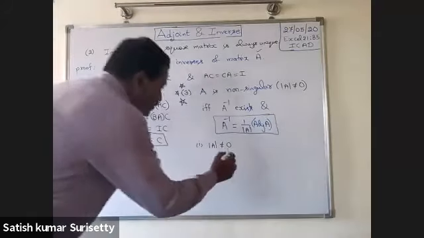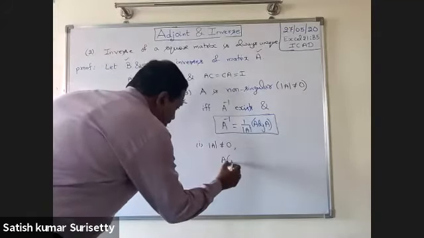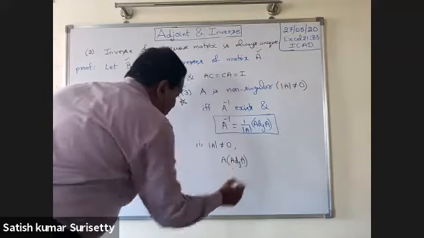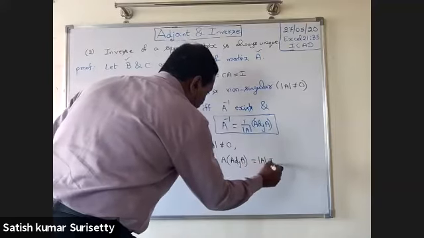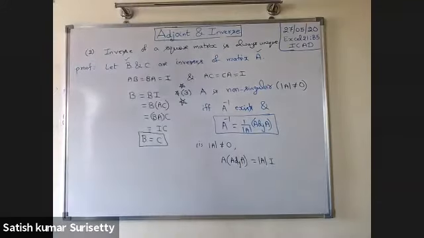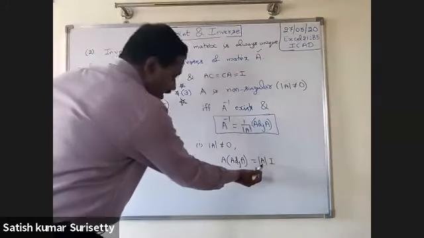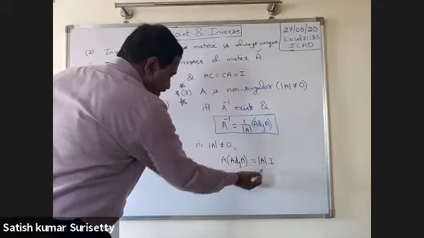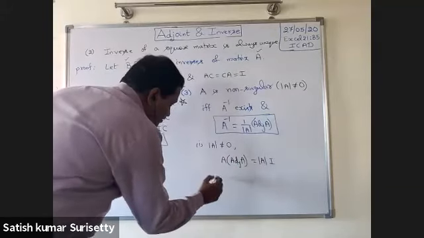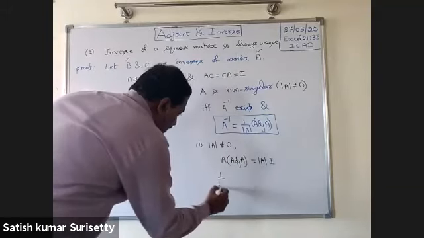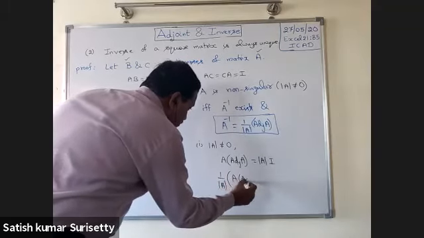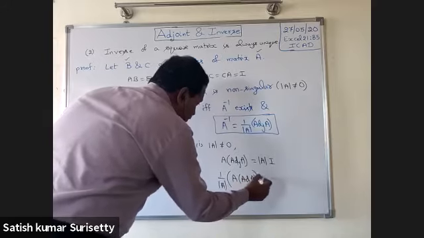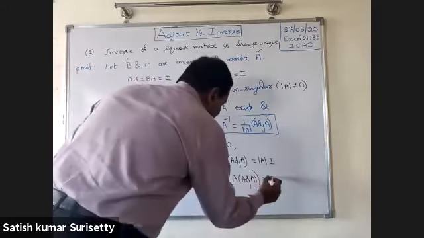Then we have proved that A into adjoint of A equal to determinant of A into I. Now, because determinant of A is not equal to 0, I can divide. So 1 by determinant of A into adjoint of A equal to I.